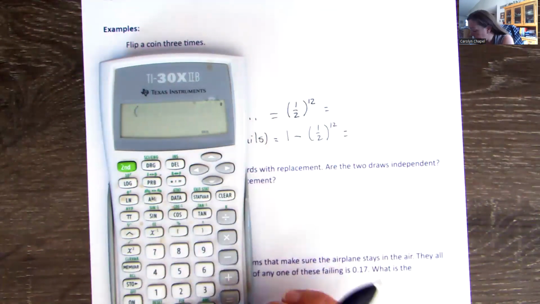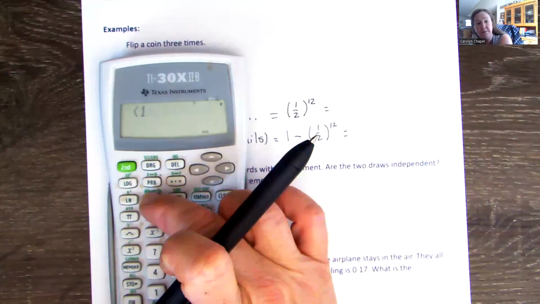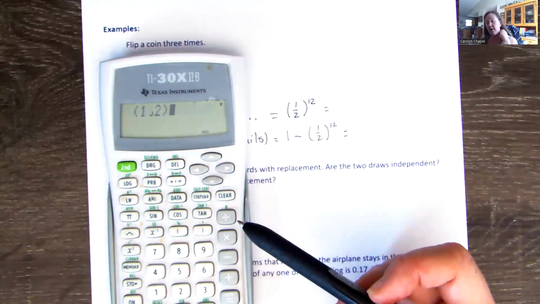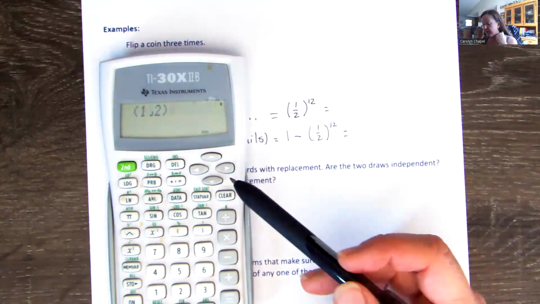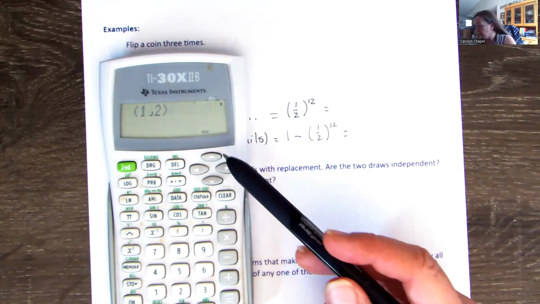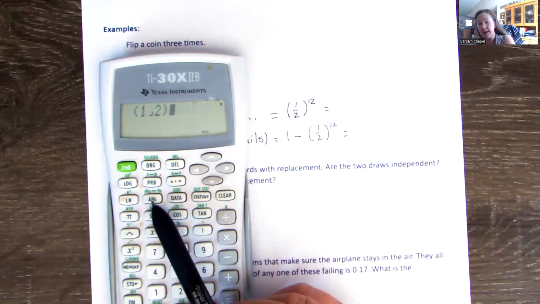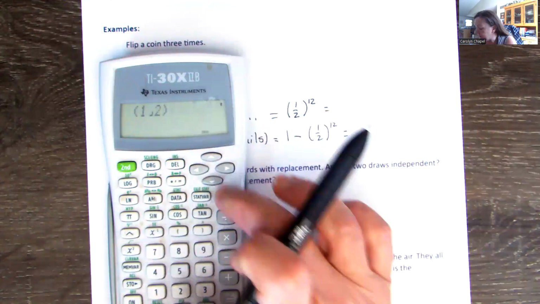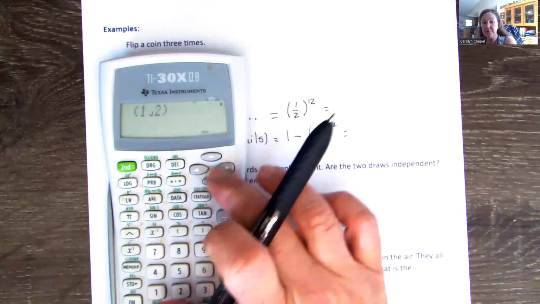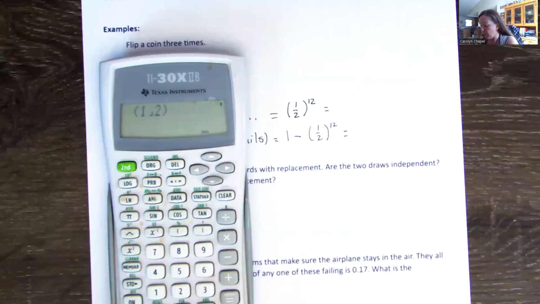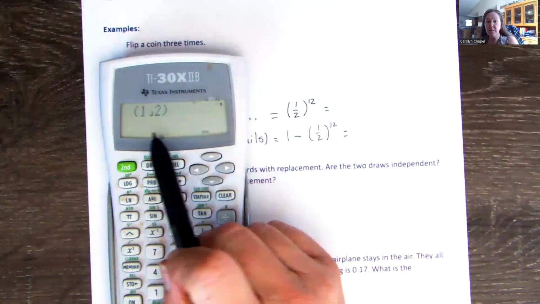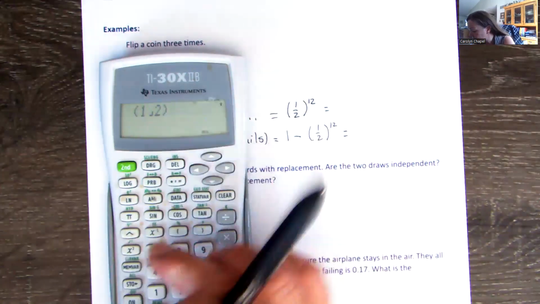So my parenthesis, my 1/2, I use that ABC key. Some of you who have a more advanced or a newer calculator than what I have here would have that ABC, and it's actually going to have you do the 1 over the 2. You will possibly have to use your arrow keys to enter the 2 to get that 1/2. And now I'm going to end my parentheses. So there's my 1/2, and we want to raise it to the 12th.